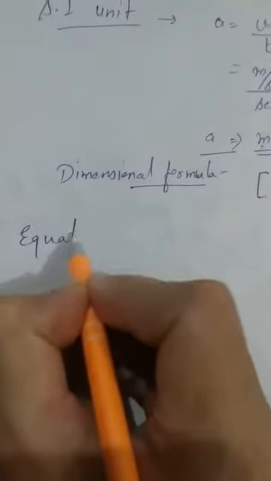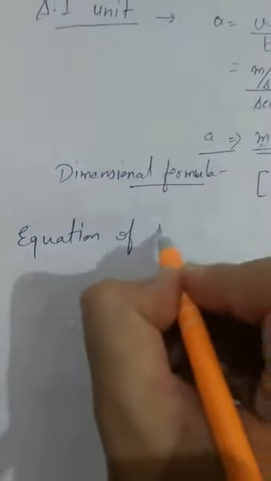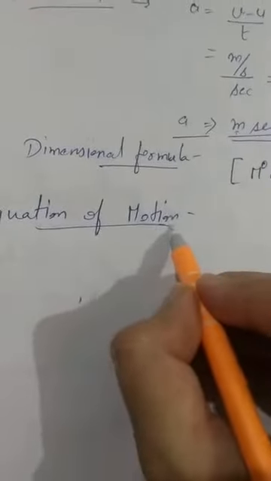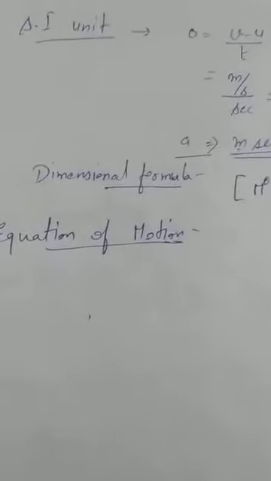Now equation of motion, everyone knows about it. Equation of motion, in 9th class also you have done it. The equations of motion tell about the relation between acceleration, velocity, speed, time, distance.